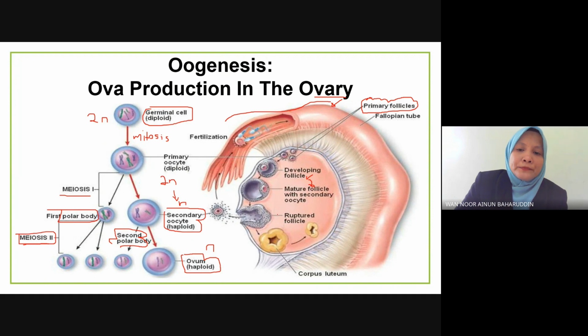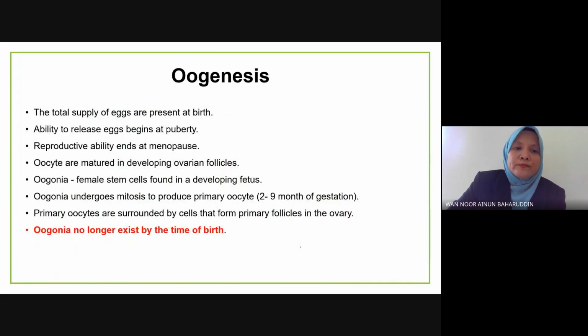If ovulation occurs, the follicle will rupture, leaving only the oocyte there, and then the ruptured follicle is called the corpus luteum. So this is the overview illustration for the whole process of oogenesis.